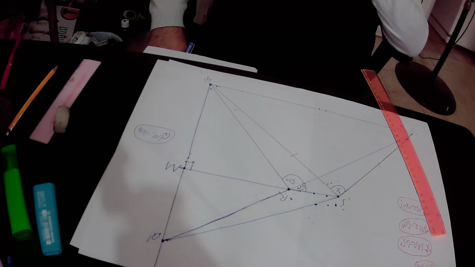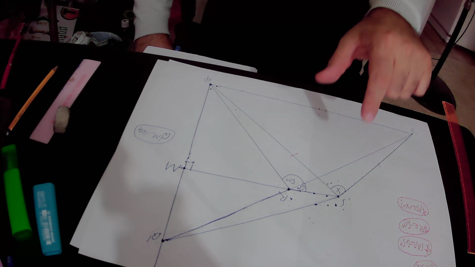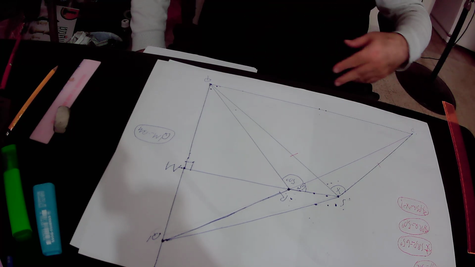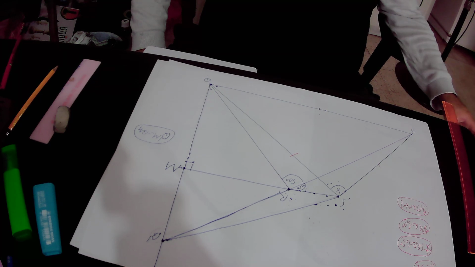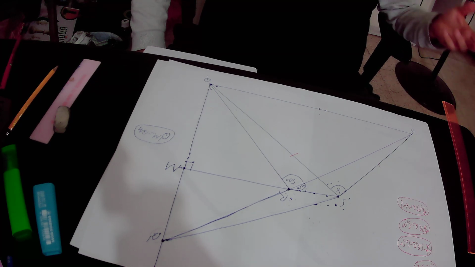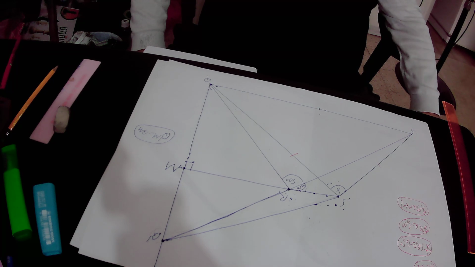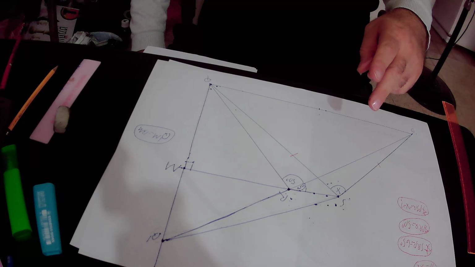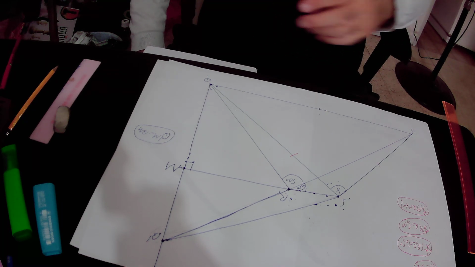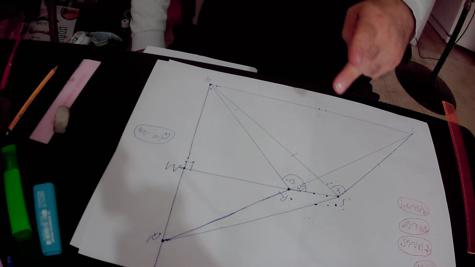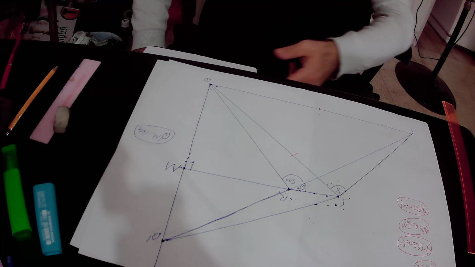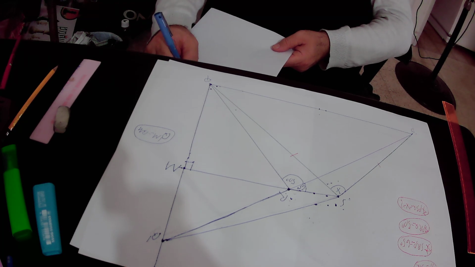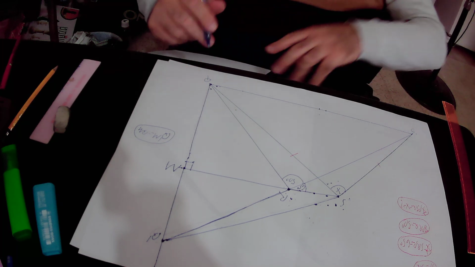So we actually know that SR is one side of the quadrilateral SRPQ. So SR as a side of a quadrilateral must be a straight line. And then we extended the straight line SR, so SM will also be a straight line. So we write down that SM is a straight line.